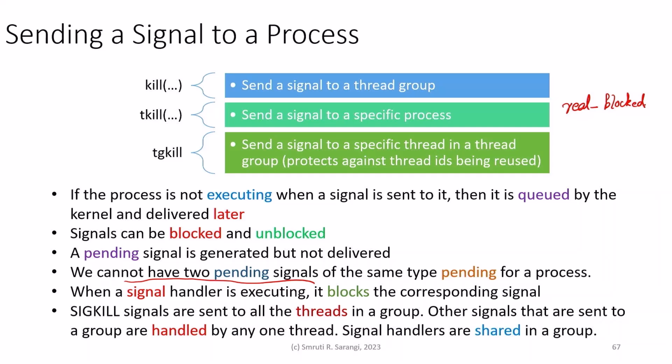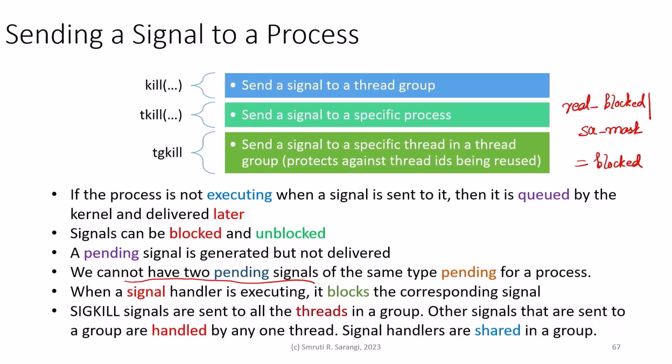When you are executing a signal handler, the signal that you are executing it for is temporarily blocked, but you could block a few more. So if you combine this with what is called the signal mask, then you get the current blocked set. Right? So is that clear?